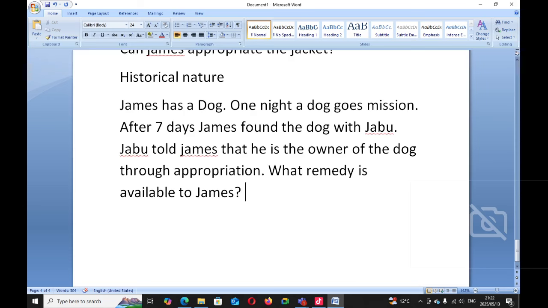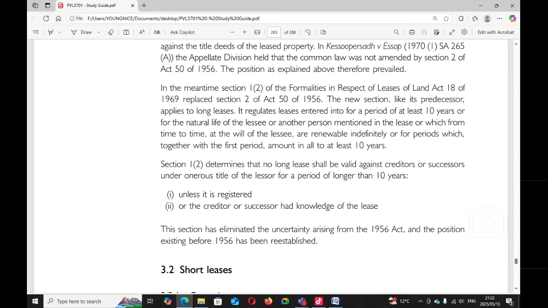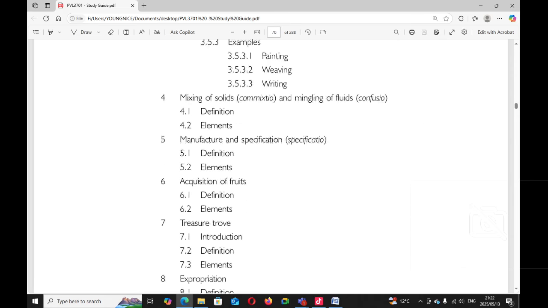When you have looked into the appropriation, when you have read, do you think a revindication will be applicable? Yes. Okay. If you think that way, then let's go to appropriation and see which remedy is the one to choose.